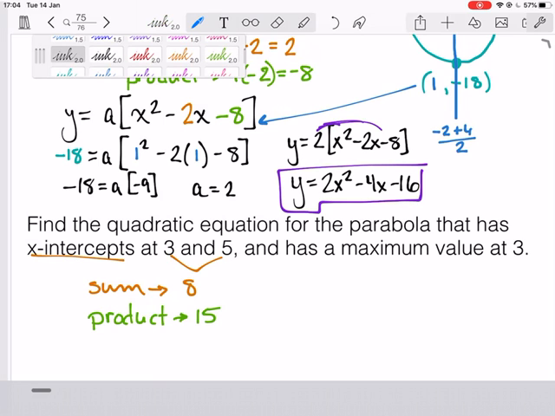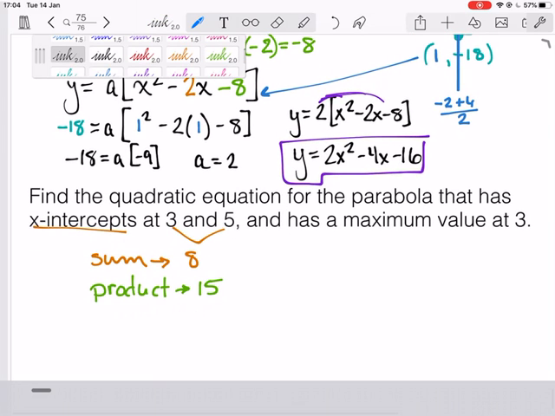And so this time, I'm going to plug it in. My y is equal to, again, they've given me some extra information, so I know I'm probably going to have an a here. I've got x squared, again, minus my sum, so 8x, plus my product, so that positive 15.